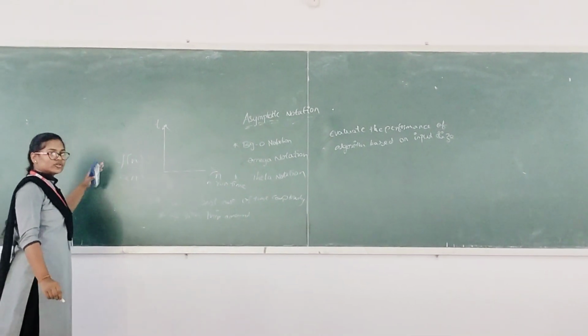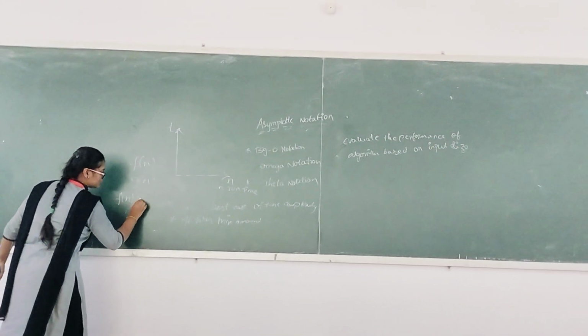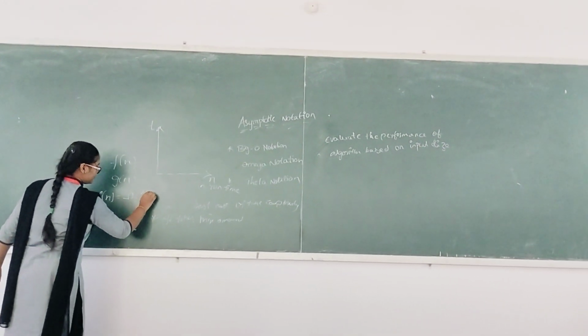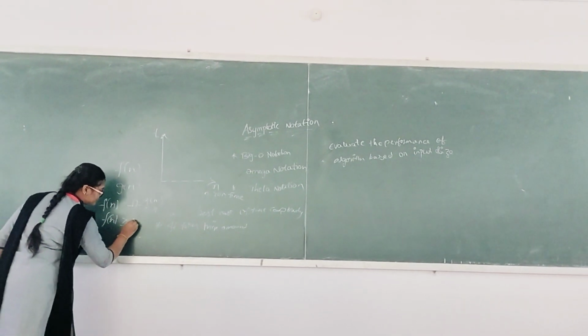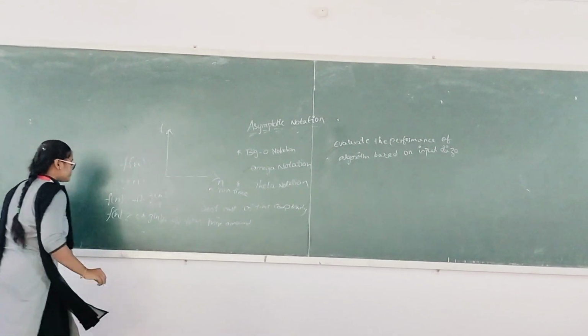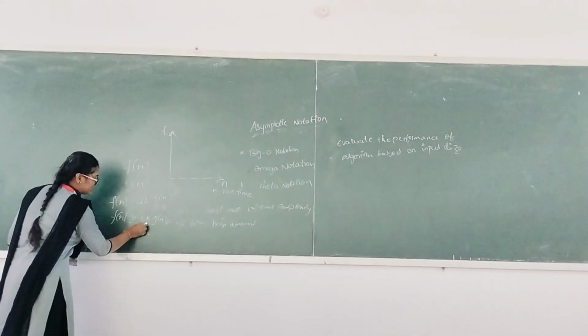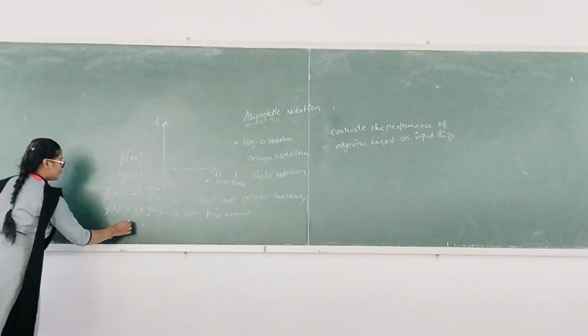Non-negative means it takes only positive values. f of n equals omega g of n. So f of n is always greater than or equal to c into g of n. Here c always takes positive numbers, so it takes 1.